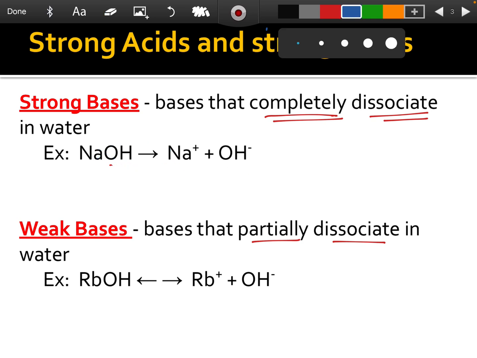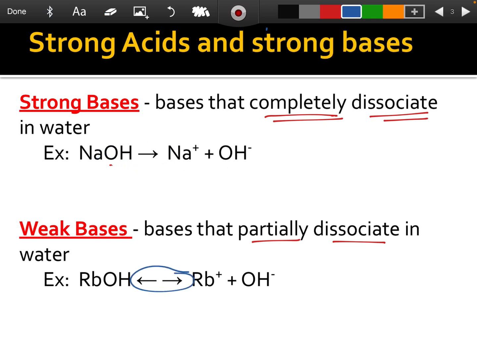Whereas if you have a weak base or a weak acid, you'll notice this double arrow, because some of the molecules are going to break apart to form Rb+ and OH-, but some of them are going to stay together as RbOH. So that's another way that you can recognize strong and weak, by looking at the arrow.